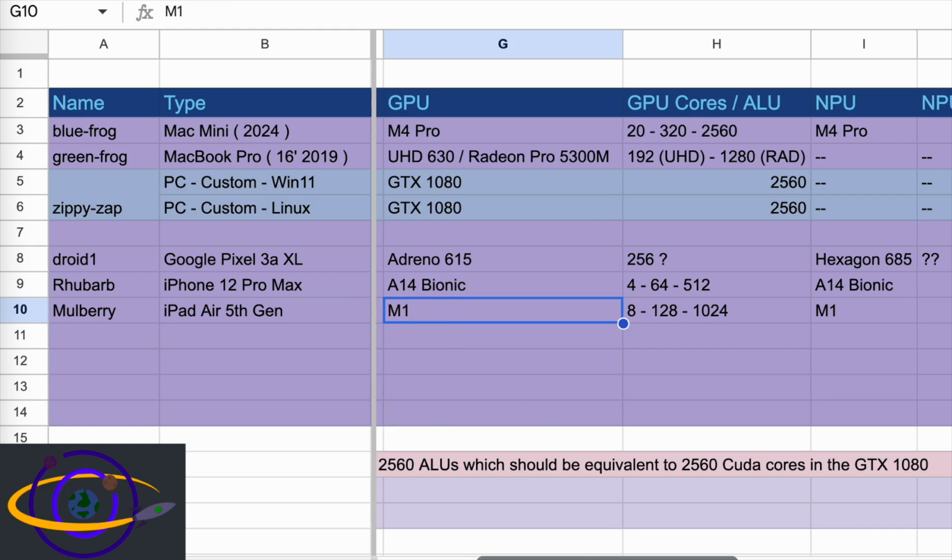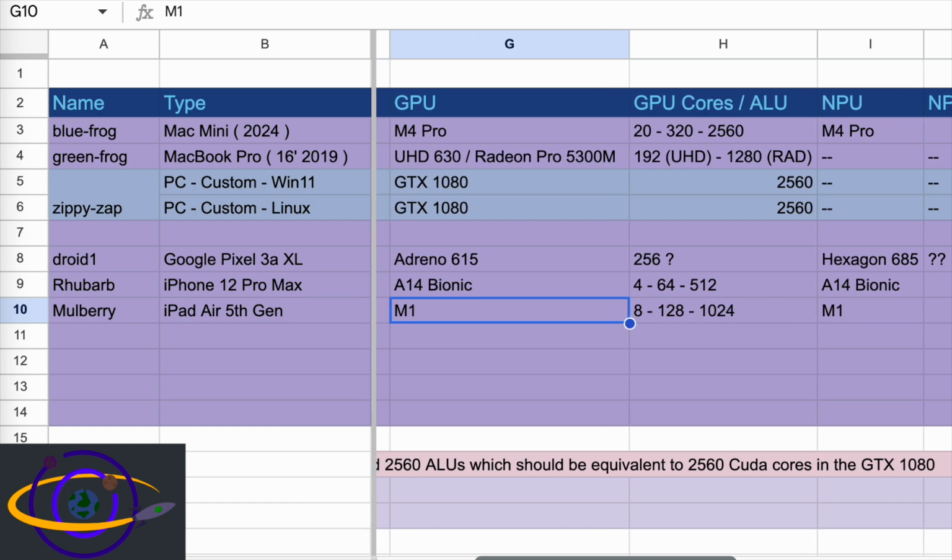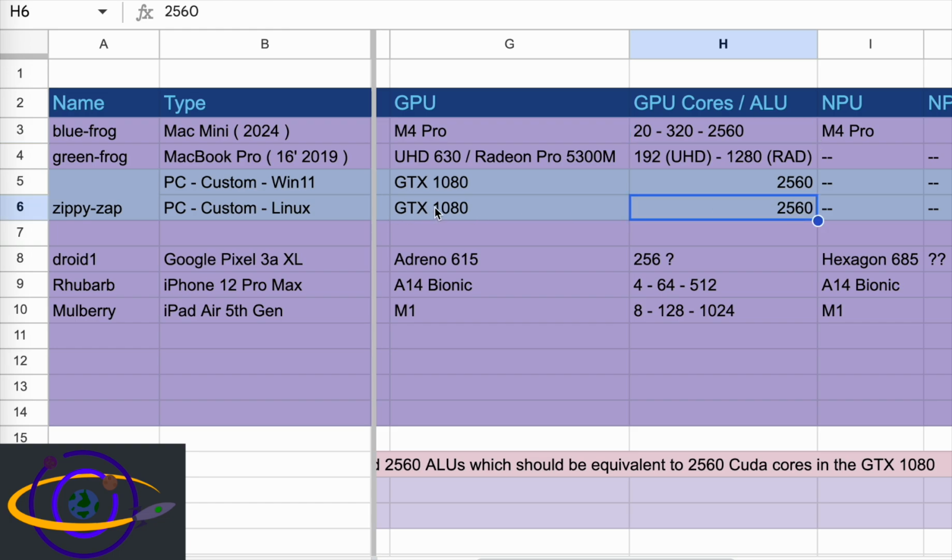So anyways, moving along here, let's take a look at the cores, because I only talked about a couple of them. So all right, this one, you got the 20 cores, 320 EUs, and 2560 ALUs. And that matches up with the GTX 1080 right here.